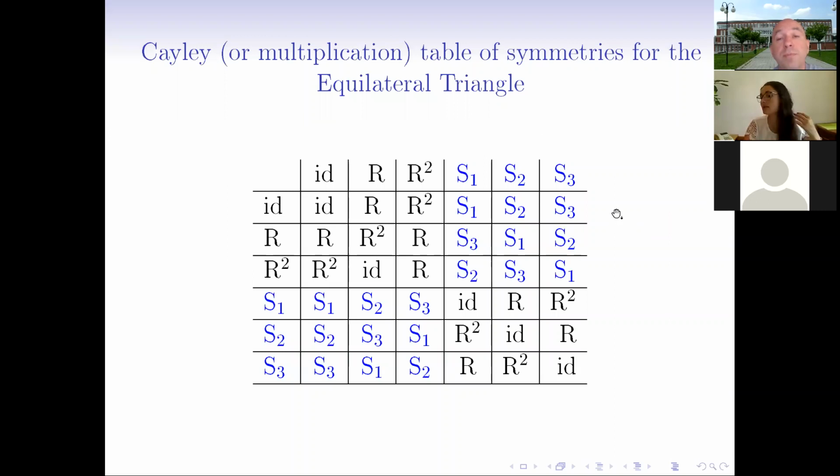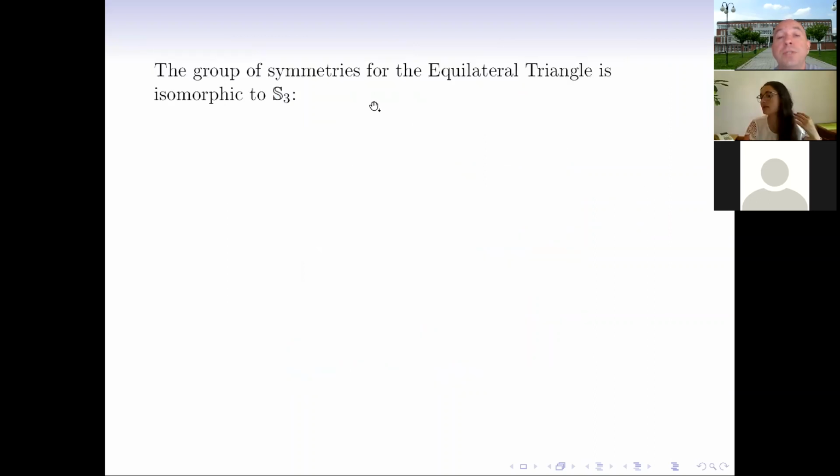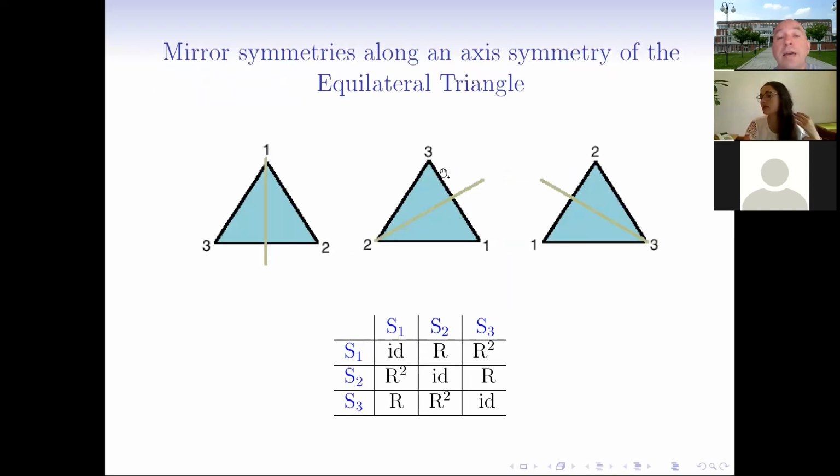Now this table looks pretty nice because we have already seen this group and we can easily recognize it. The group of symmetries of the equilateral triangle is isomorphic to S3, the group of permutations of three elements. It's easy to see why, because every symmetry will exchange the vertices. For instance, the first symmetry exchanges 2 and 3, the second is in the middle between 3 and 1, and the third between 2 and 1.